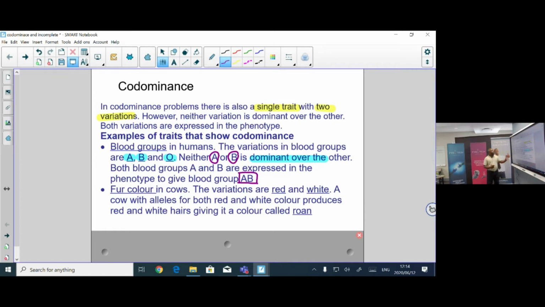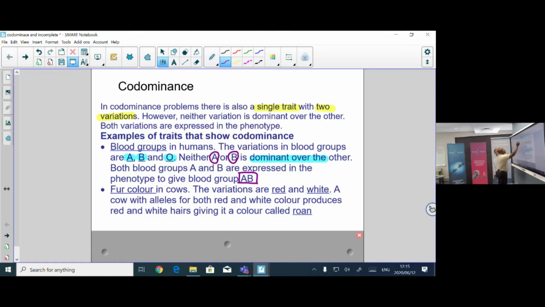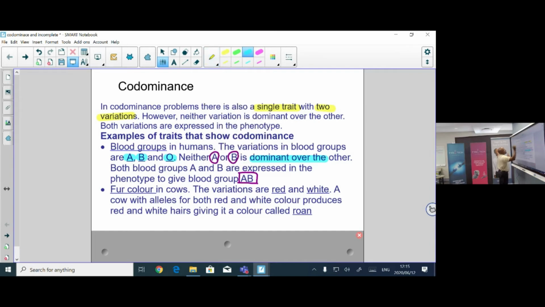Another example of co-dominance is the hair color in cows. The hair color in cows is the trait.